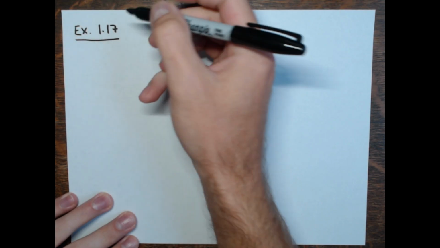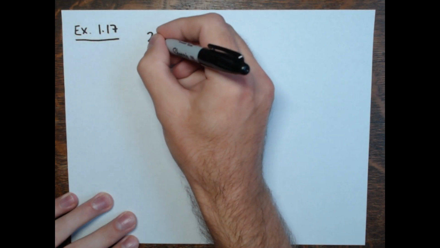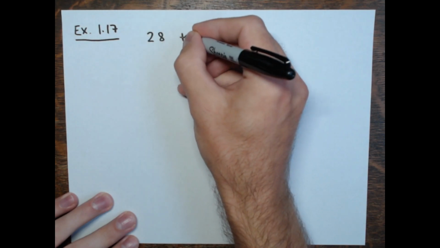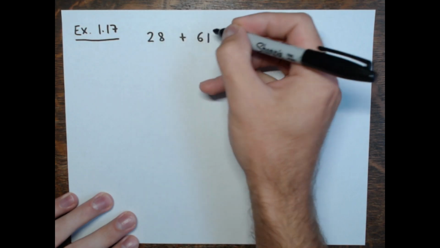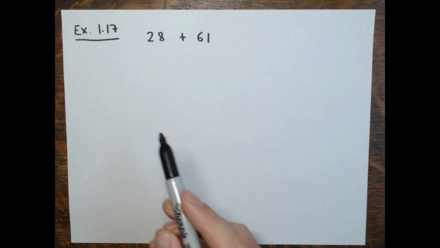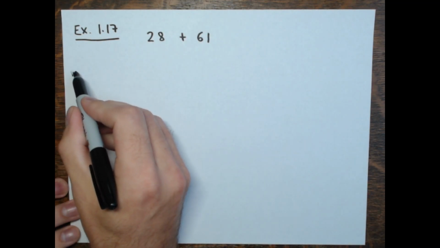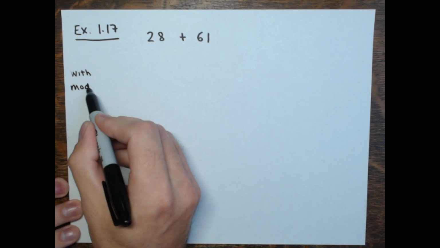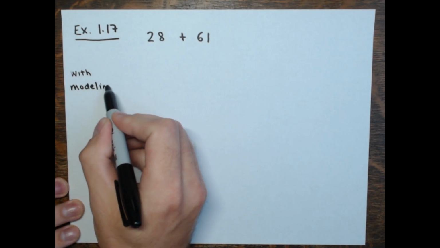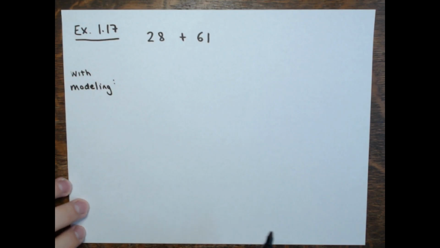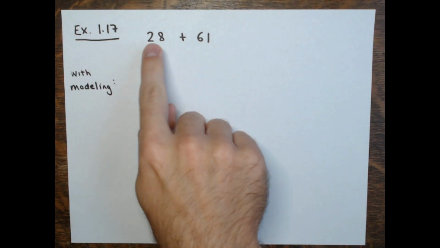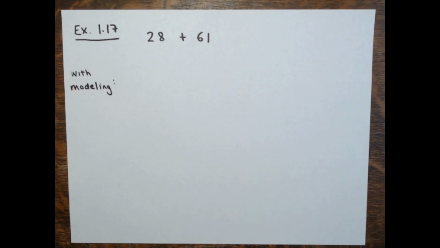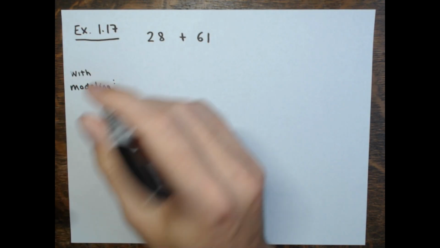So with modeling, again, I know that the heading of this is without modeling, but because this is the first time we're coming across these 2-digit addends, I'm going to model.